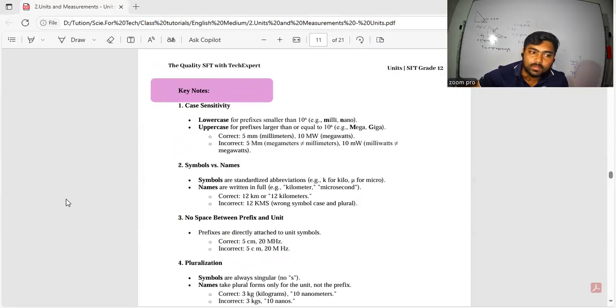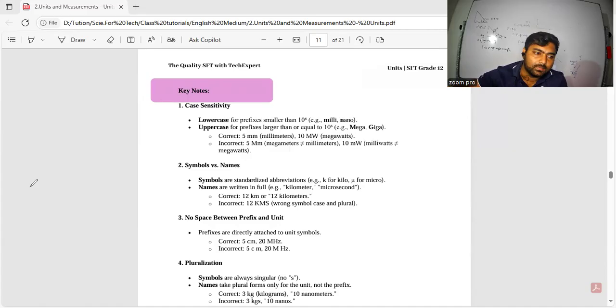Actually, some of these are not in your syllabus, but I have added them for your general knowledge and accuracy. No need to study this by heart. When you are writing, you just have to practice and write the correct way, then it will become automatic.